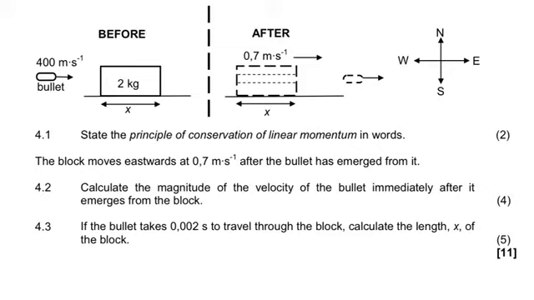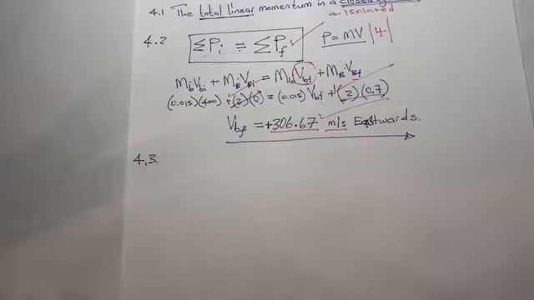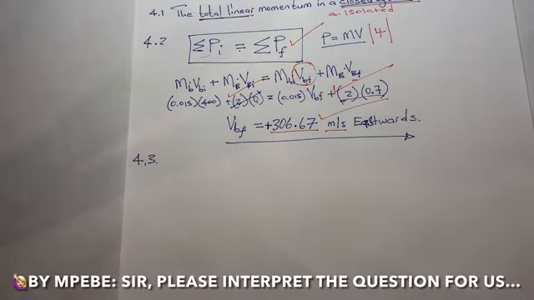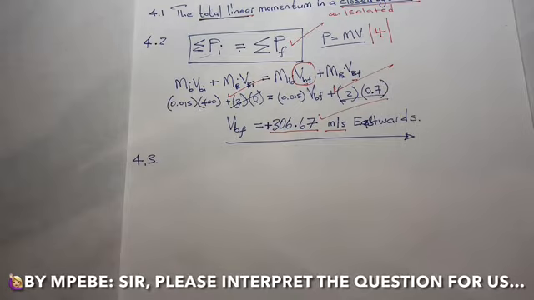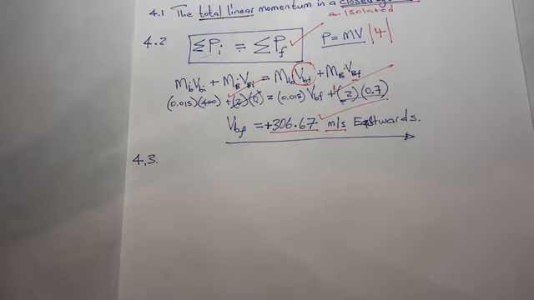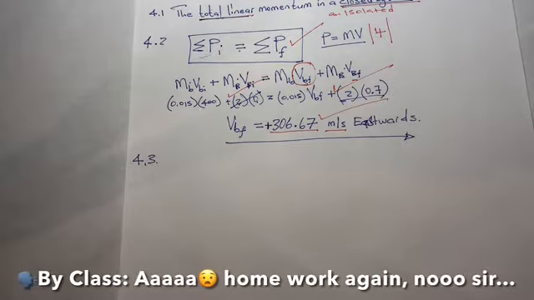So the question reads as follows. 4.3, if the bullet takes 0.002 seconds to travel through the block, calculate the length x of the block. There are two ways in which I can solve this question, but I'll show you the simplest way, and then I'll guide you on how to use the second method, which will be your homework.